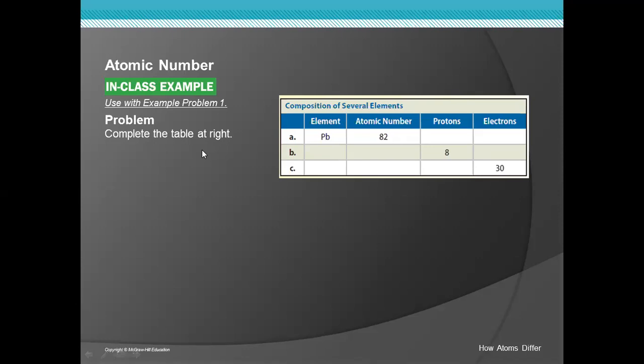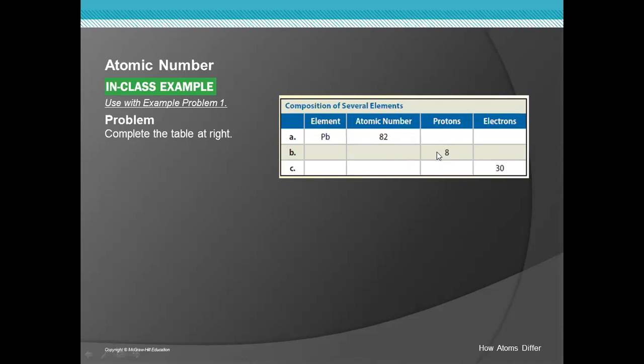Thamer? Yes, mister. Can you answer question number 2 in this table? This element has no atomic number and no number of electrons, but it has a number of protons equal to 8.